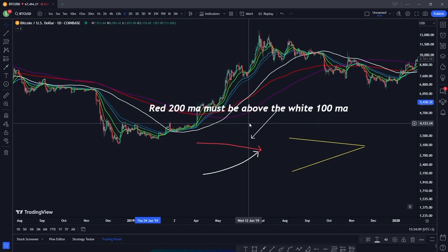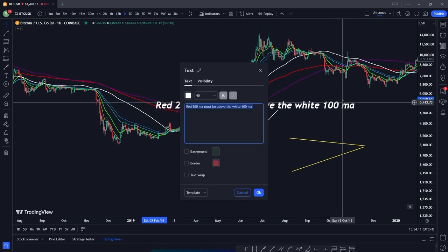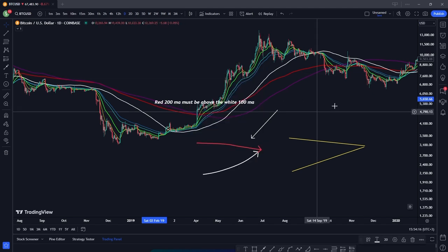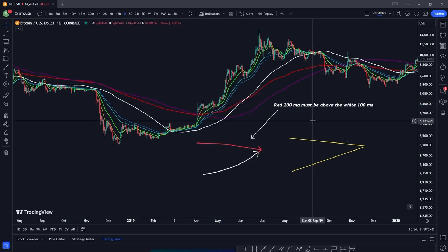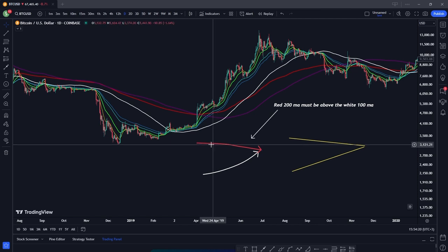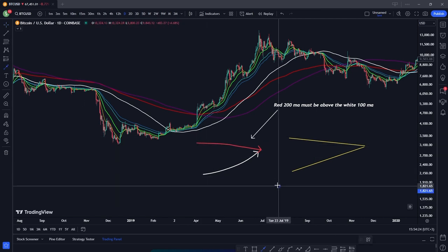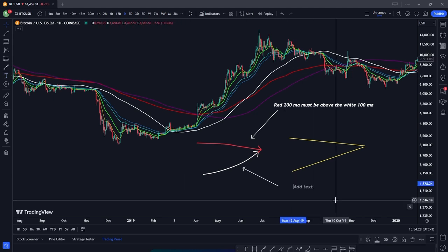This is condition number 1. So the master moving average, white.